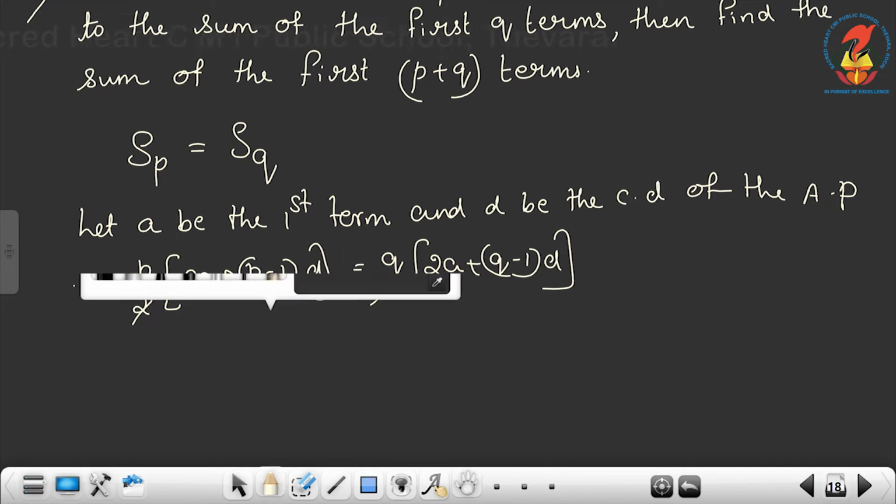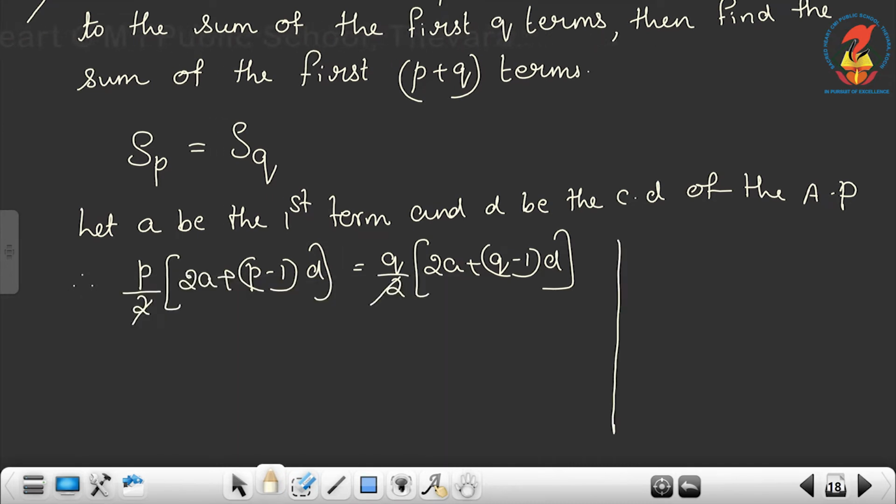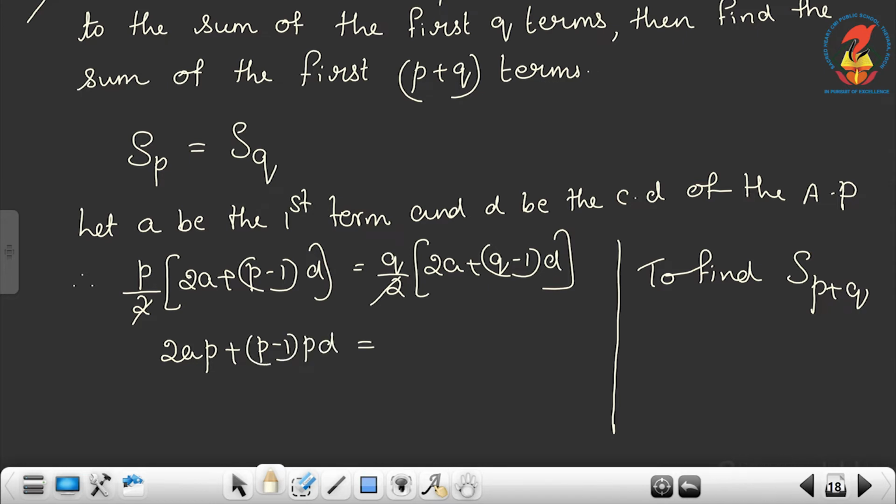We have to find the sum of the first p plus q terms. So again simplify: 2ap plus p minus 1 into p into d, equals 2aq plus q minus 1 into q into d.